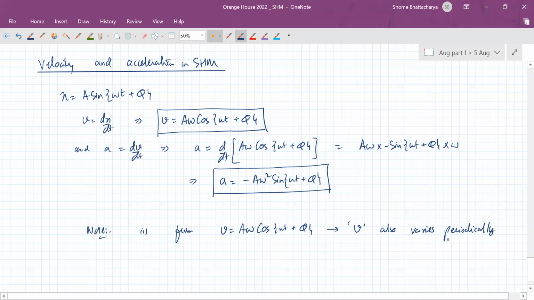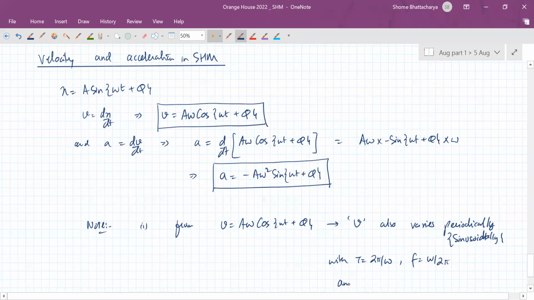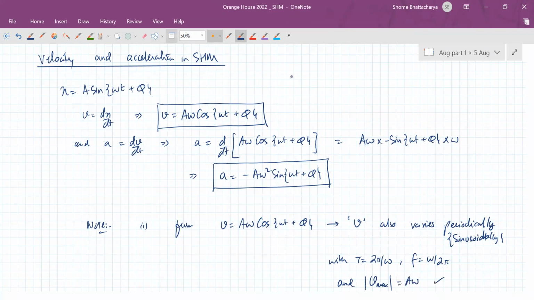In fact, that's also a sinusoidal relation, with the time period of 2 pi by omega, or frequency of omega by 2 pi, and with what we call the velocity amplitude, that is the maximum magnitude of velocity, equal to a omega. So this becomes an important term here. So just make a note up to this point, then we'll discuss more about the relationship between velocity and acceleration and all these things.